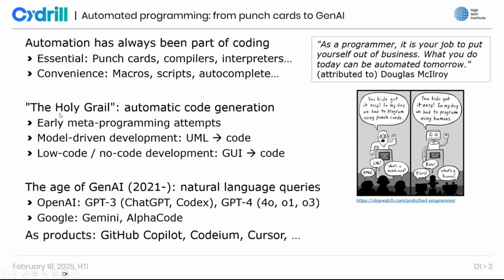Now, early on, automatic code generation meant model-driven development. That is, somebody would come up with a model of the program that they wanted to create, and they would use some tools to generate a skeleton and maybe even some of the actual classes of the program that they wanted to use. And that would be used as a basis to actually develop the program.